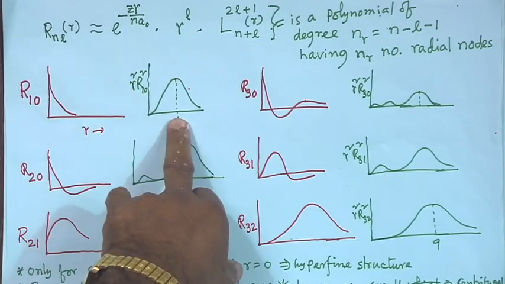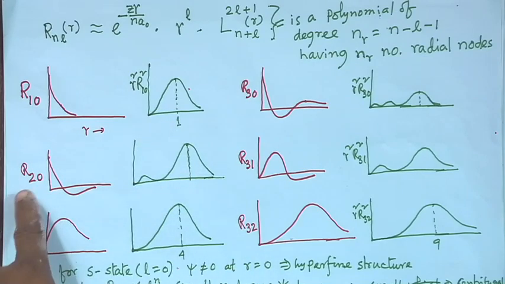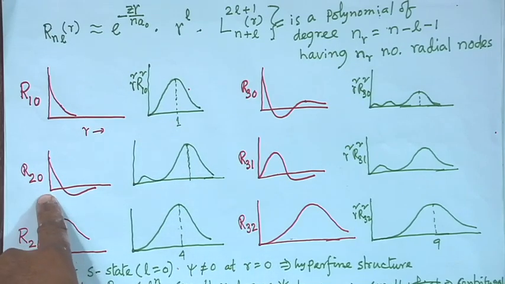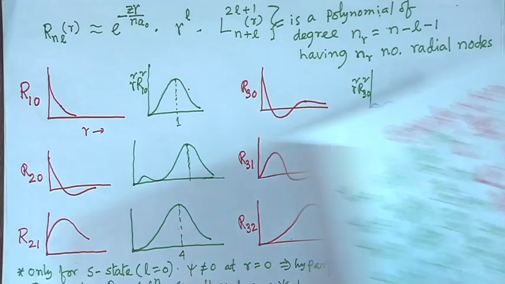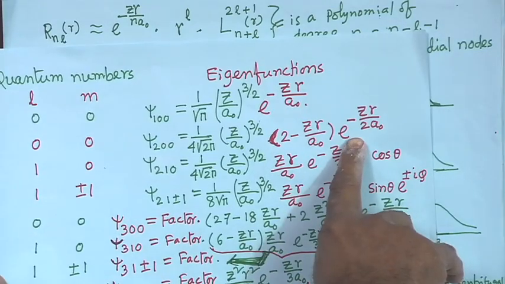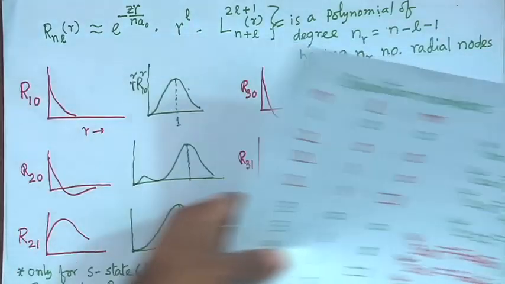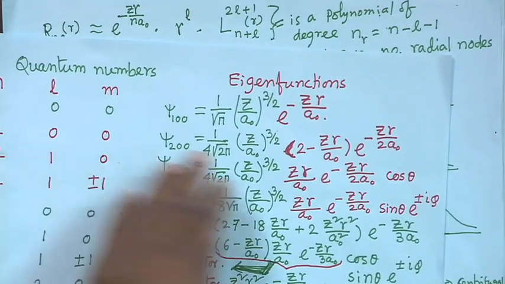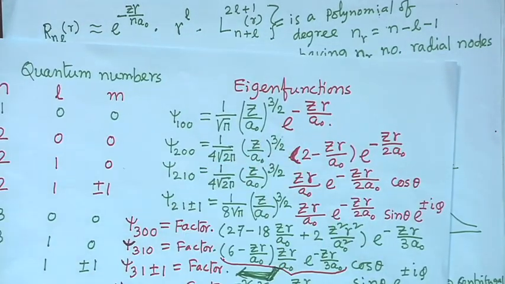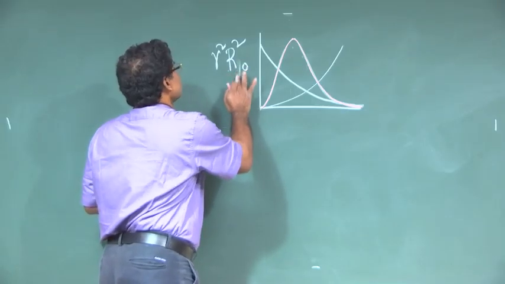So, this one can be plotted. Similarly, R20 I have also shown you has an exponential term, and another linear term is there.